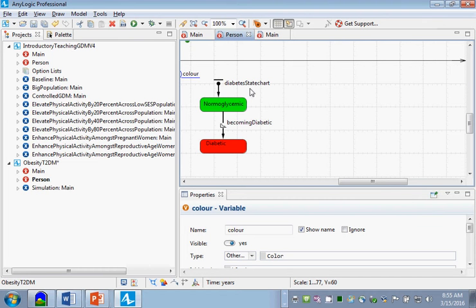So here we have a concern involving diabetes, and we have these categories, normal, glycemic, and diabetic, and we'll use the state chart to characterize that categorical description and the transitions between these categories.